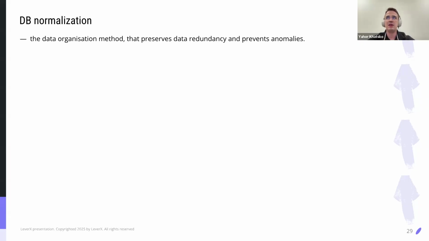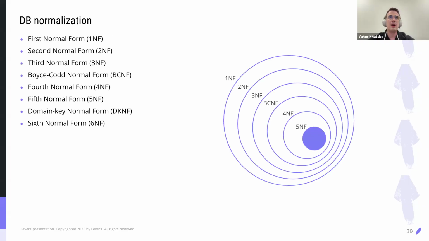By anomalies I mean, let's say, duplication of data, or some strange way of storing data. With the steps that I will show you, we can avoid such things. There are a lot of normal forms, and we will take a look at a few of them, in particular three: the first, the second, and the third.